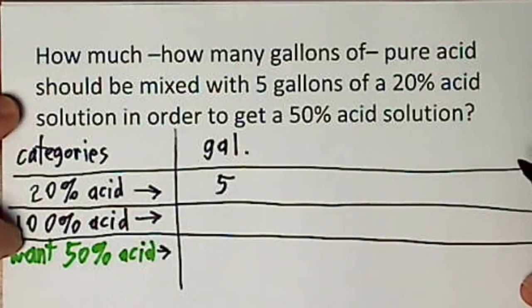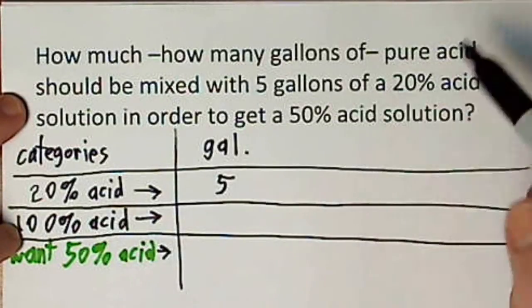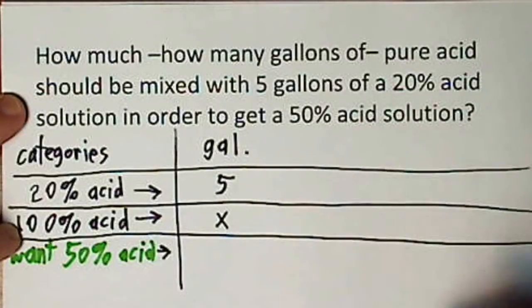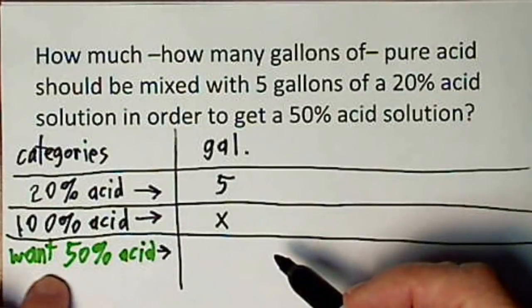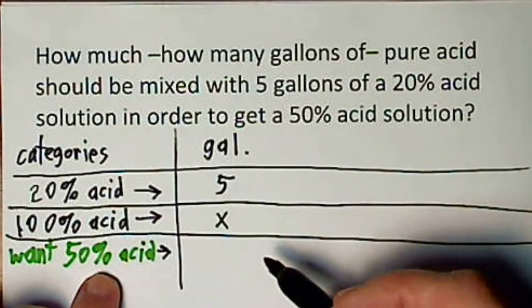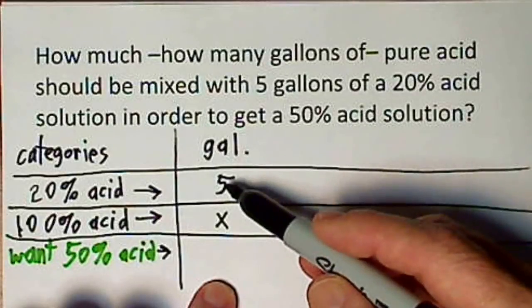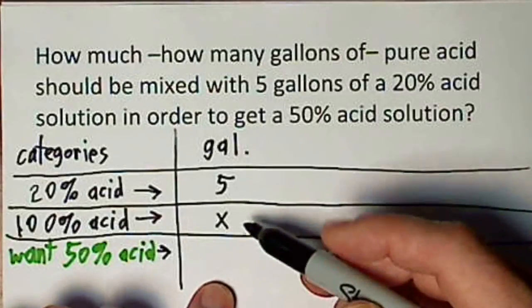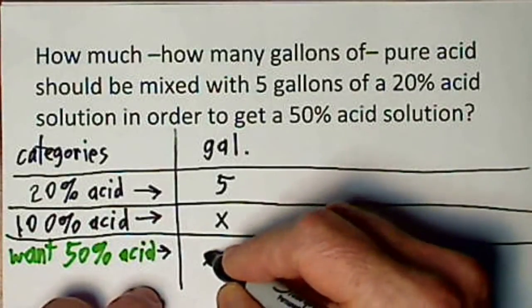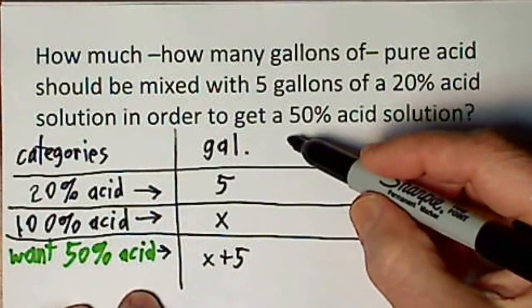The pure acid, or 100% acid, how many gallons? Okay, so we'll just put an X there. And however much 50% acid solution we end up with, it will be more than 5 gallons, because we're going to start with 5 and we're going to add pure acid to it. So we'll say X plus 5, okay?